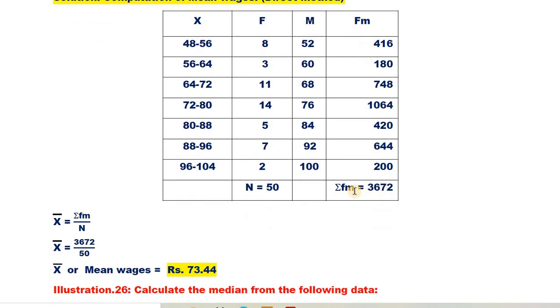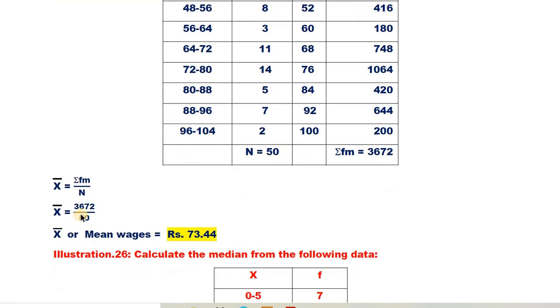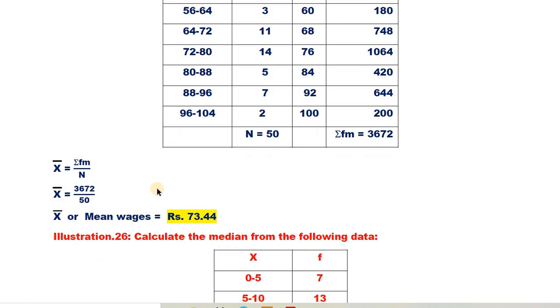Substitute the value of sigma fm in the formula: 3672 divided by the number of employees, that is the total of the frequency column, 50. Now if you divide 3672 by 50, you get 73.44. This is the mean wages of the employees for the given data.